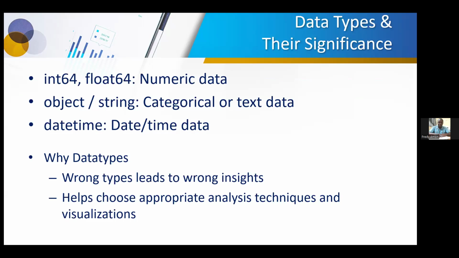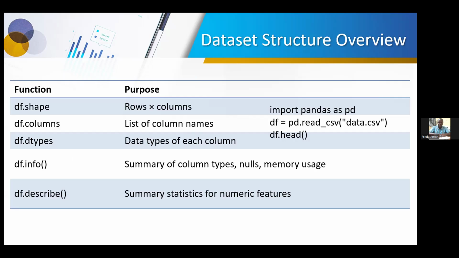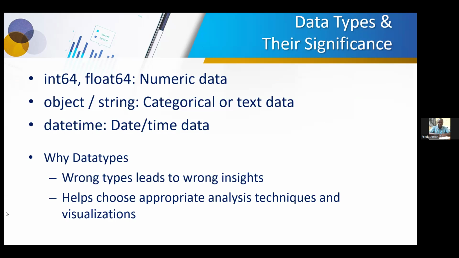For the data types you'll see, for example, if you run the command df.dtypes, it will show you int and floats. Once you see int64 or float64, that means the data stored in that feature column is numeric.